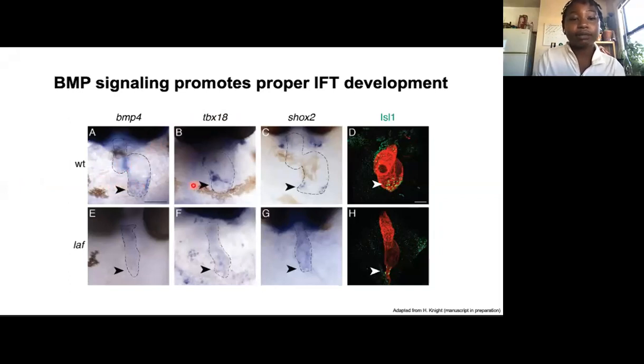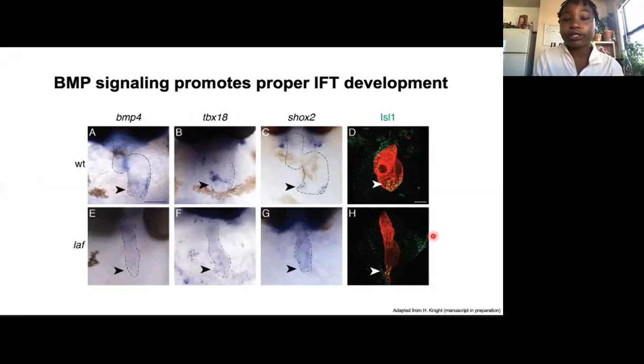When we compare these images to the lost-a-fin mutants, we see a reduction in the expression of these genes. Though the atrium appears much smaller in the lost-a-fin mutants, the loss of islet-1 cells is disproportionately greater in these mutants.